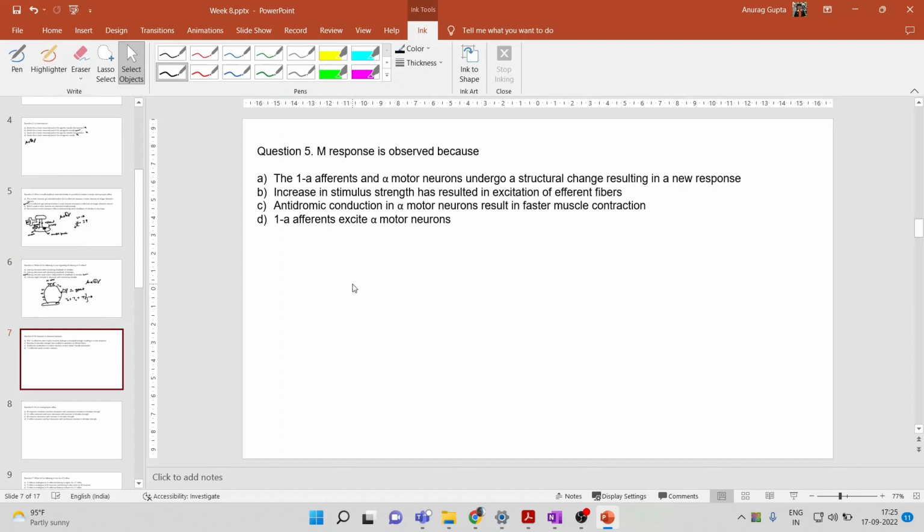M response is observed because the 1A afferents and the alpha motor neurons undergo a structural change resulting in a new response. Increase in stimulus strength has resulted in excitation of efferent fibers. Antidromic conduction in alpha motor neurons results in faster muscle contraction. 1A afferents excite alpha motor neurons.